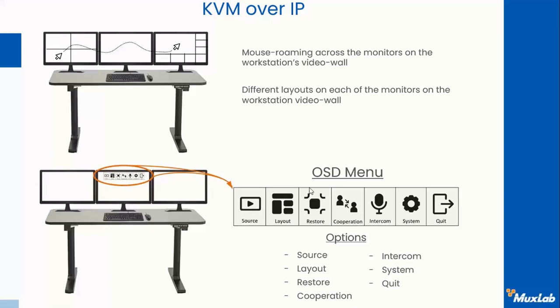The OSD, the on-screen display, basically looks like this. You've got various controls for your sources, layouts to restore default arrangements on your screen, collaboration to be able to share content with other workstations, and an intercom system to be able to speak with your colleagues on other workstations.